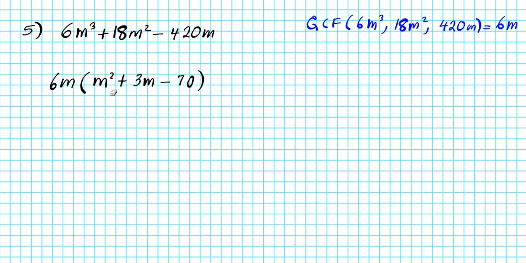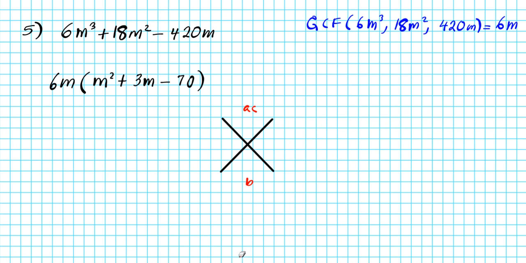Now, what do we have in the parentheses? We have a quadratic trinomial. How do we factor those? We use our x game again. So let's make our nice little x. AC goes on top, B goes on the bottom. So what is A, B, and C?